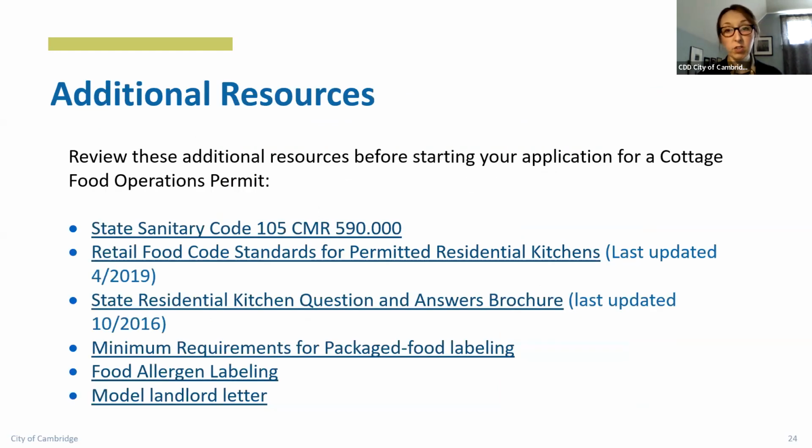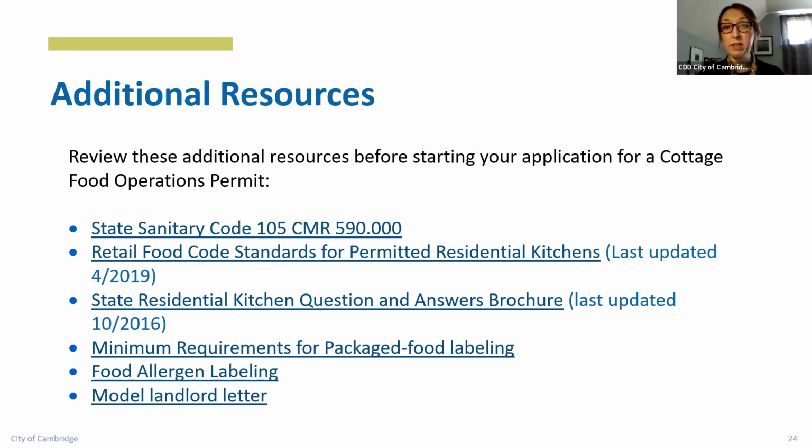We've put together some additional resources that we highly recommend looking at before and after and during this entire process. Again, the state sanitary code. We also have links for the retail food code standards for permitted residential kitchens. That's from the state. We also have some state residential kitchen question and answer brochures.